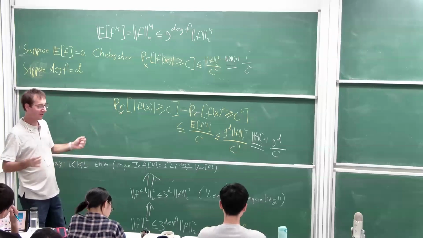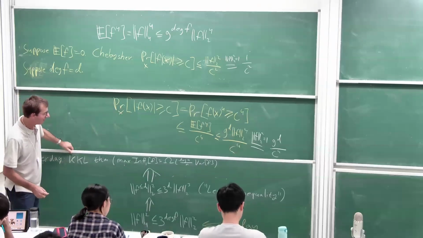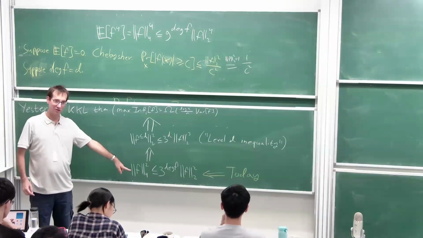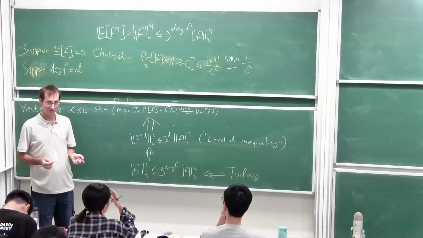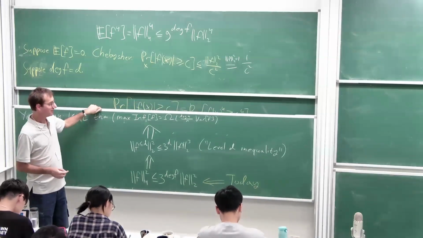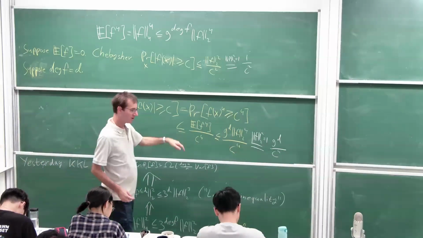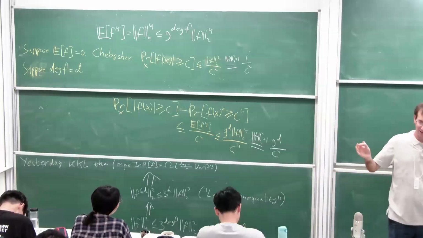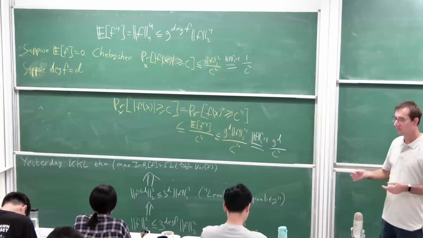Okay, so why am I saying all this? The point is that this inequality is a kind of concentration inequality. It states that the function f is concentrated. Here we show 1 over c to the 4, but if you use general hypercontractivity, which we will mention later today, then you get exponential tails.